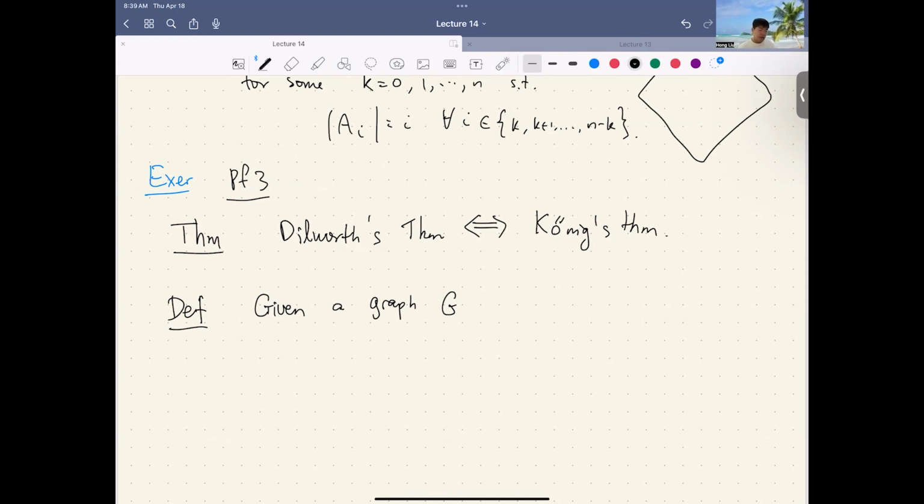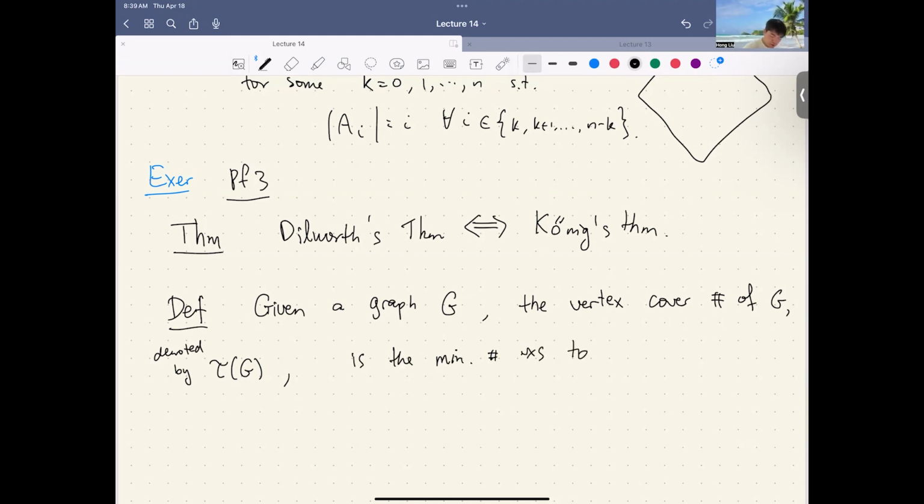Let's define vertex cover. Given the graph G, the vertex cover number of G, denoted by tau of G, is the minimum number of vertices to cover all edges.